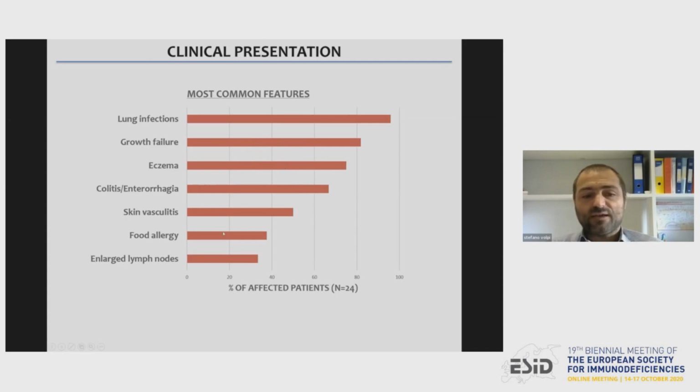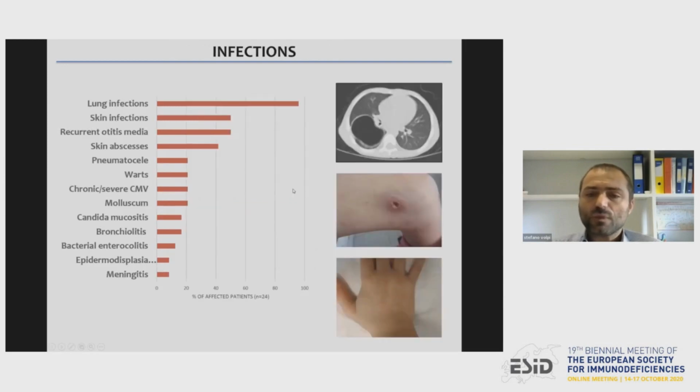Allergy with eczema and food allergy is present, and probably a combination of the blood disorder that these patients have and autoimmunity tends to present early in life with enterorrhagia, so also severe bloody stool in the first months of life. In terms of infection, these patients present especially lung infection.